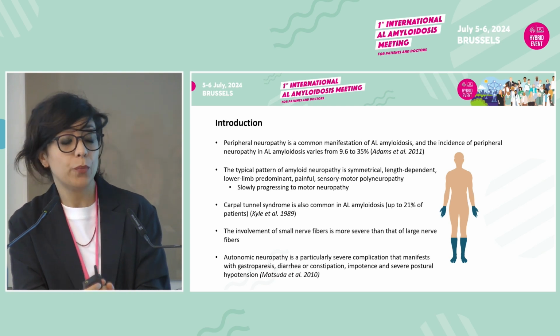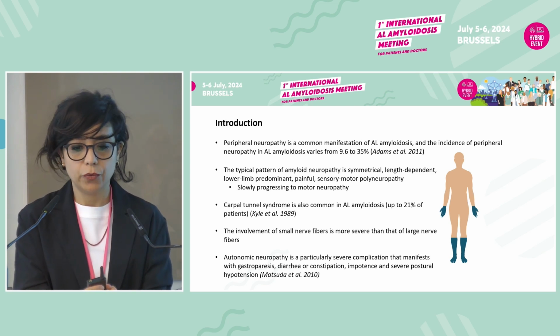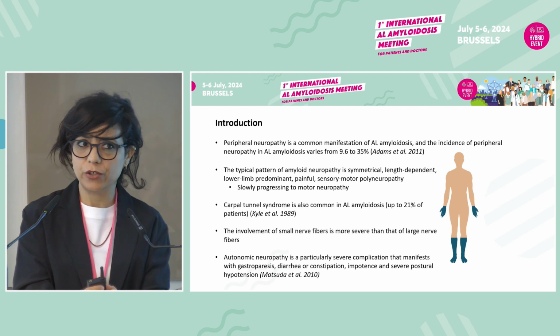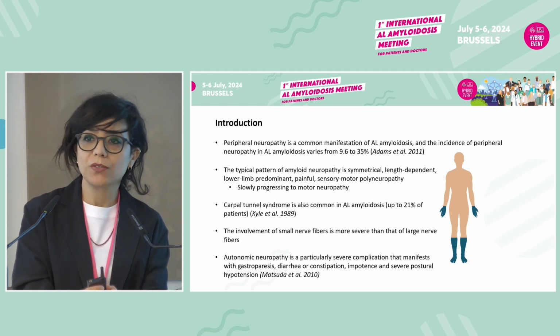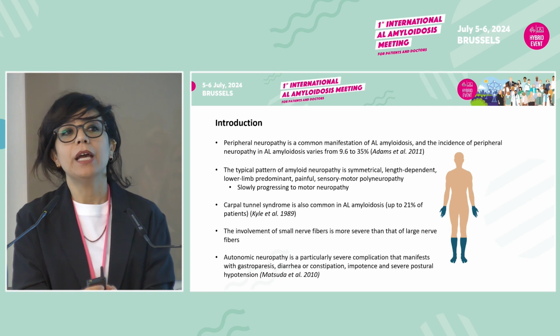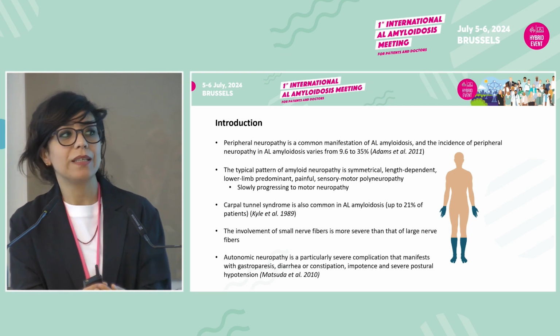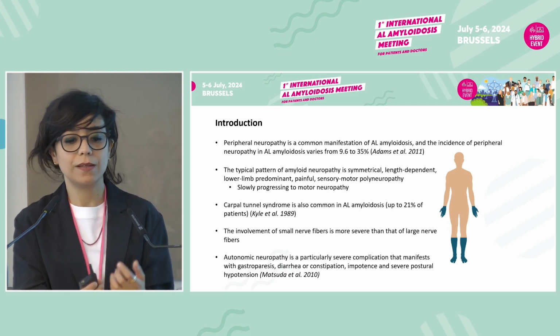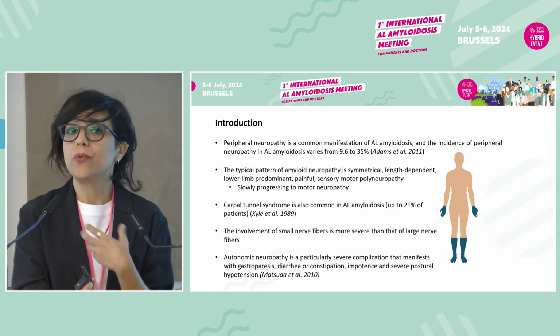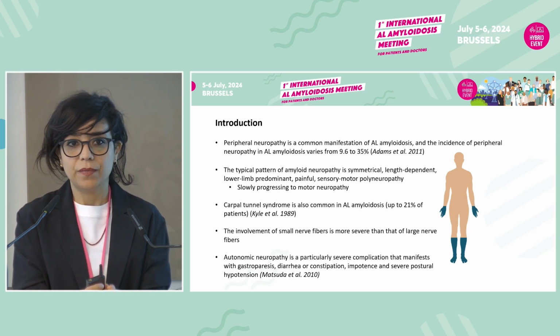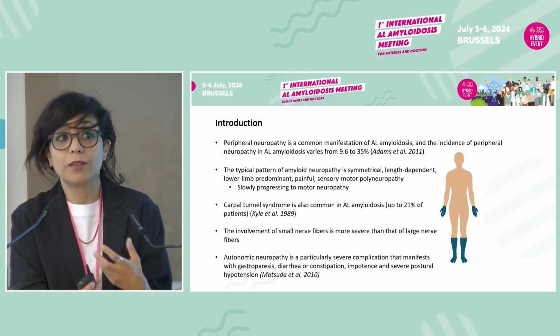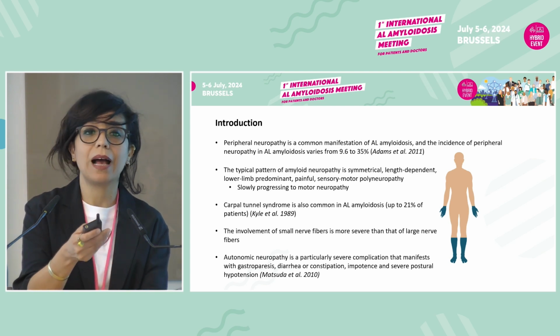And then, of course, we have the autonomic neuropathy, which is a severe complication and which is not simply synonymous with postural hypotension, because we have a lot of symptoms: gastrointestinal symptoms, diarrhea, constipation, dry mouth, dry eyes, erectile dysfunction, impotence, and of course, severe postural hypotension.